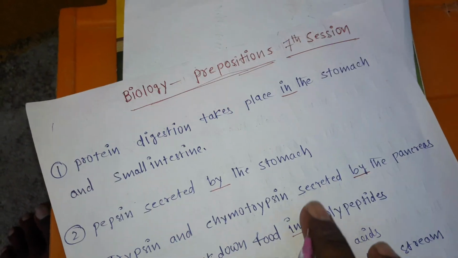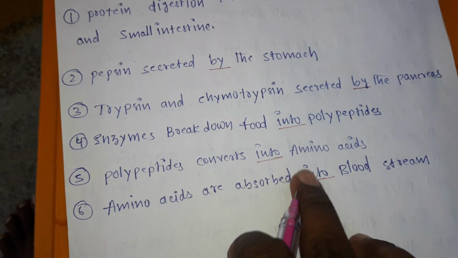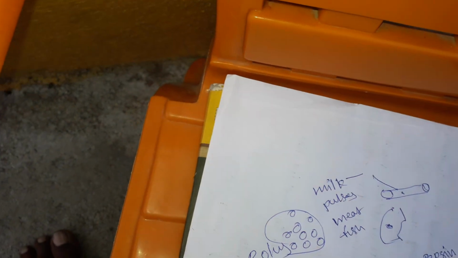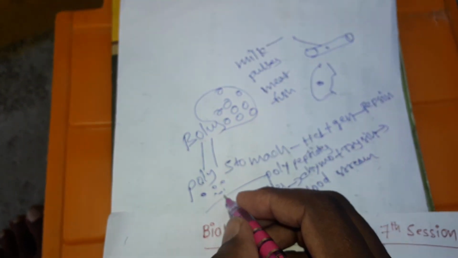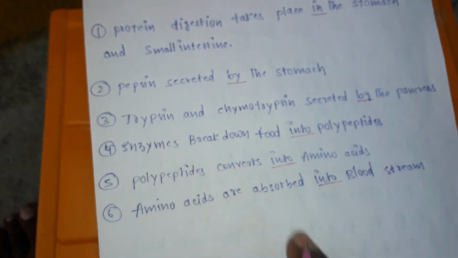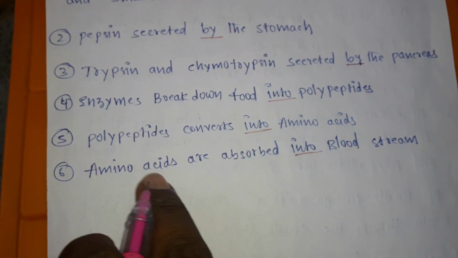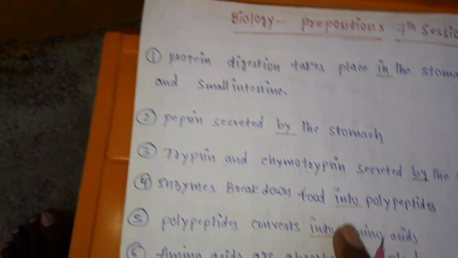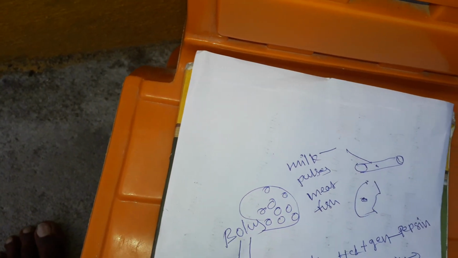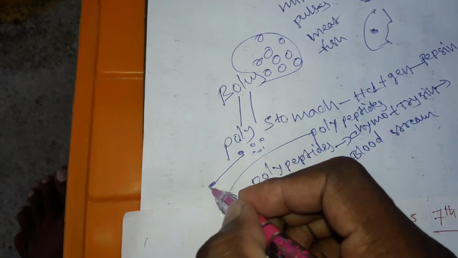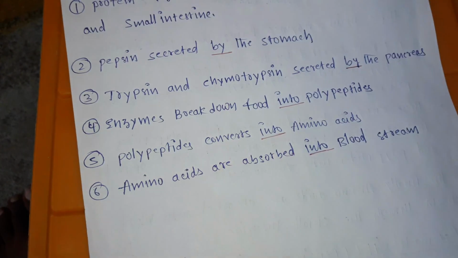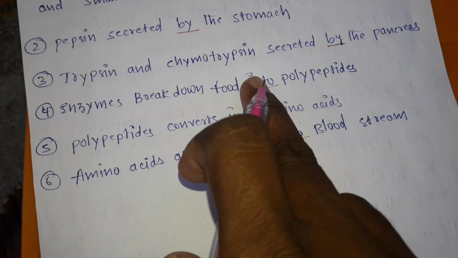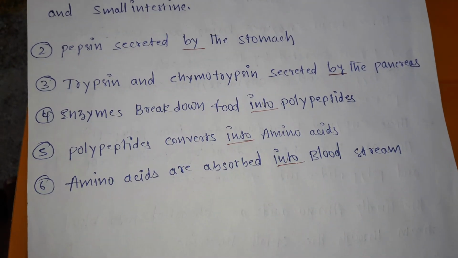That is called polypeptides. Into: these big molecules convert into small molecules. That is called into, changing the position. Polypeptides convert into amino acids, like juice. Amino acids, from one form to another form, is called into.